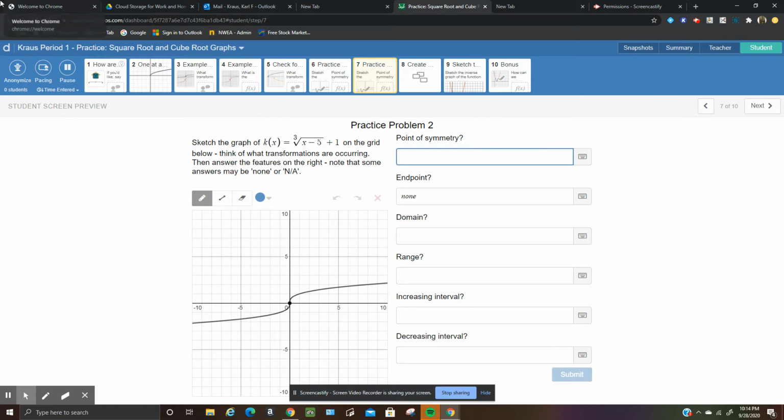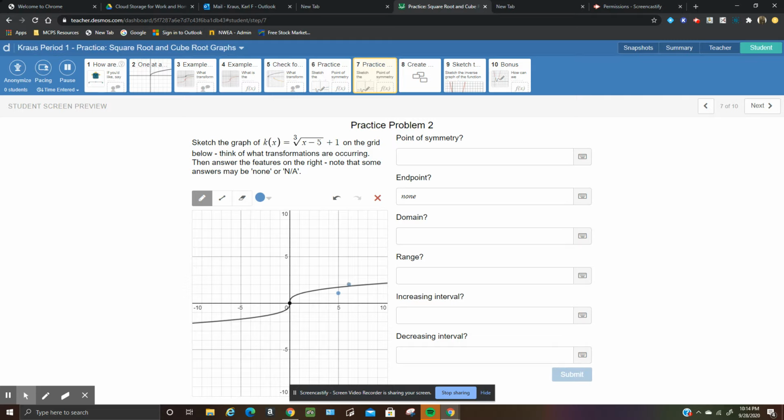So if there's a minus 5 under here, that means I'm on 5 to the right. So 5 and then up 1. So that's my new endpoint. If I plug in a 6 there, I get 6, 2.